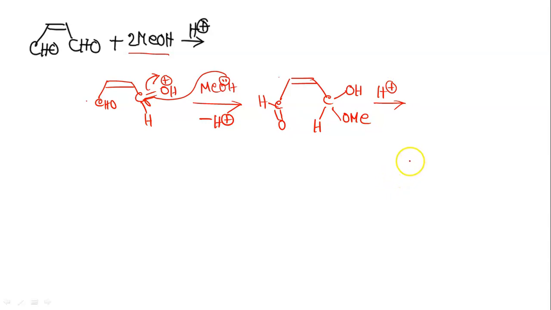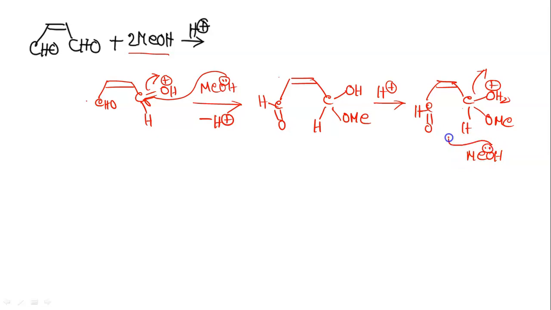In the presence of H plus, normally we will expect the formation of protonated OH2, this will be removed and there will be attack by another, that is the second molecule of methanol, and we will get OMe, H, OMe, minus H plus, obviously, because I am jumping some of the steps.